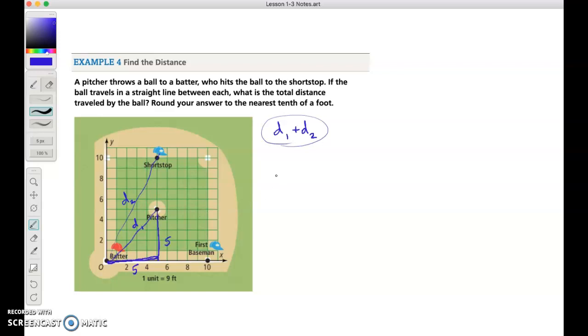So distance 1 squared, I'll write it this way, is equal to 5 squared plus 5 squared. And that would be 25 plus 25. So distance 1 squared is equal to 50. And that means distance 1 is equal to the square root of 50.